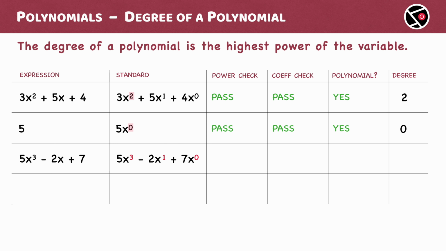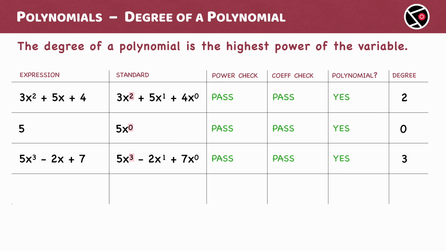So this expression passes rule number 1. The coefficients 5, minus 2, and plus 7 are all real numbers. So it also passes rule 2. So this expression is a polynomial. The highest power of x is 3 in the first term. So this is a polynomial of degree 3.